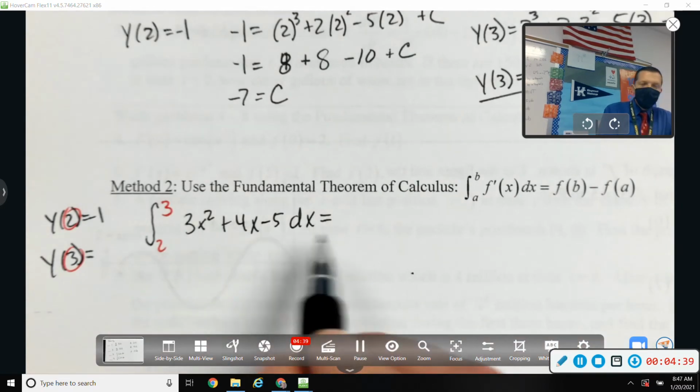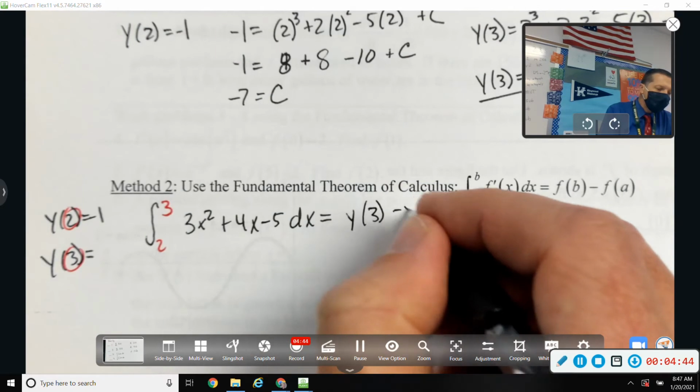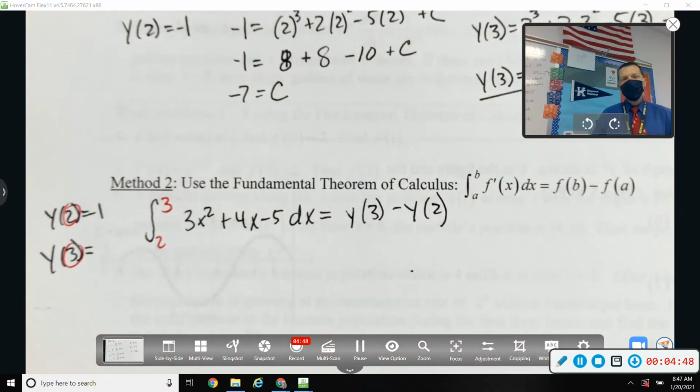And even before we integrate, with those limits, we know this will equal y of 3 minus y of 2. Does that make sense so far? Yes? No?